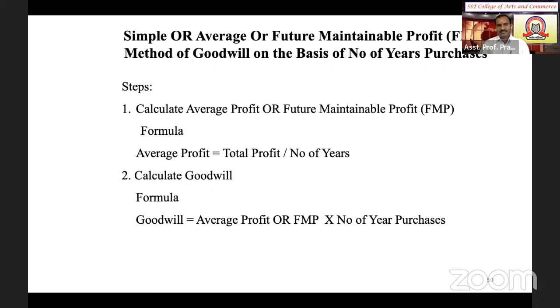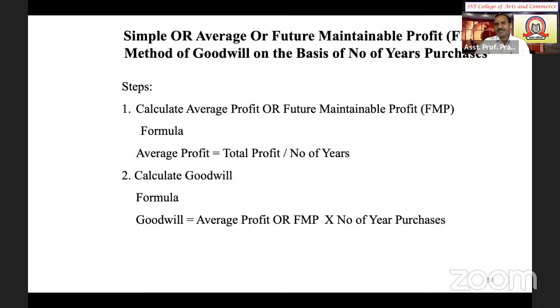Step 1, calculate the average profit, or what we call the future maintainable profit, by using the formula: average profit is equal to total profit divided by number of years. After getting the average profit, follow step 2, calculate the goodwill. The formula for goodwill is average profit or future maintainable profit multiplied by number of years purchase.